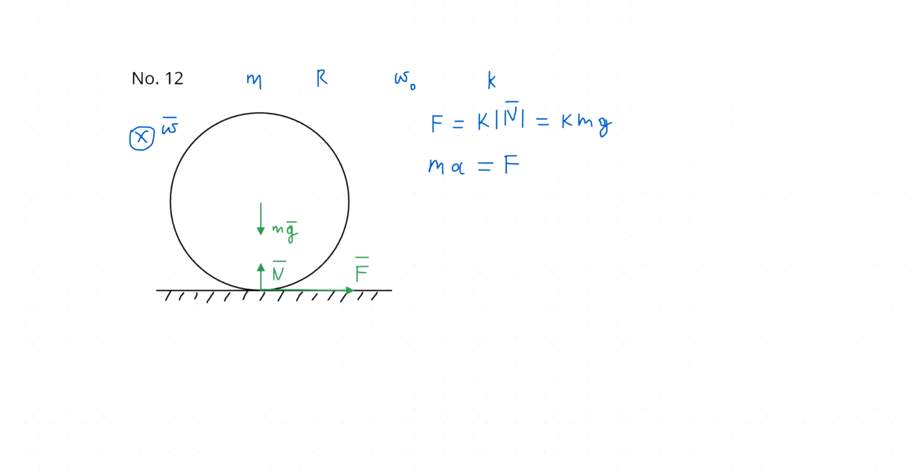Okay, we can write kmg here, and from here we have the acceleration: a is equal to kg. It will be kg.